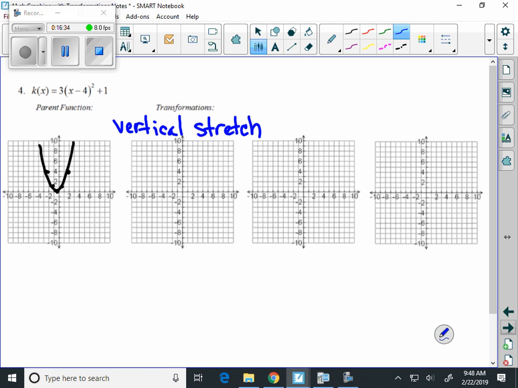And that's because of the 3 out in front of the function. 0, 0 is going to stay the same. But instead of 1 space to the right and 1 up, we're going to go 1 space to the right and 3 up. 1 times 3. Instead of 2 spaces to the right and 4 up, we're going to do 2 spaces to the right and 4 times 3, 12 up.